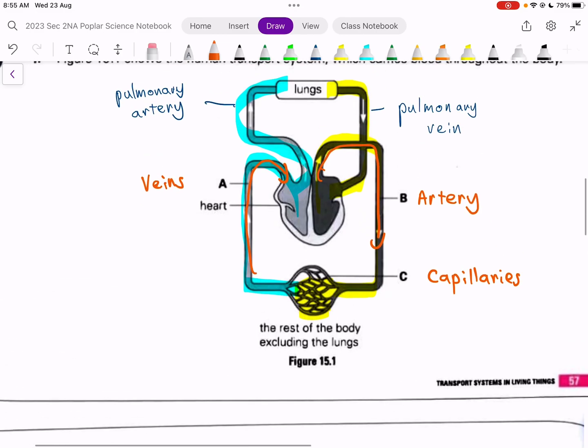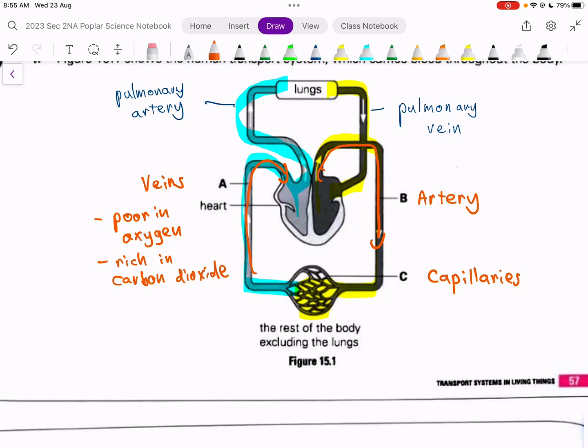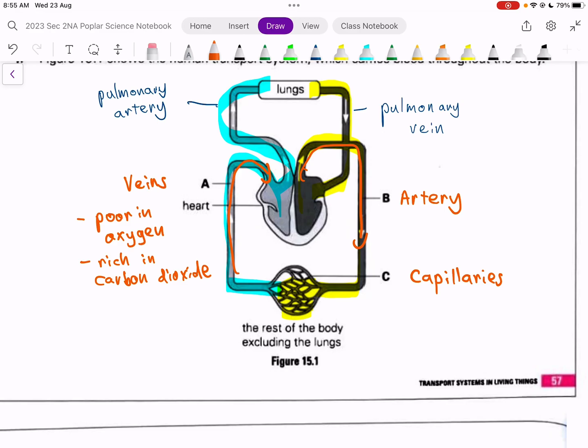This one usually will be poor in oxygen, rich in carbon dioxide. Then the artery will be the one that is rich in oxygen, poor in carbon dioxide.